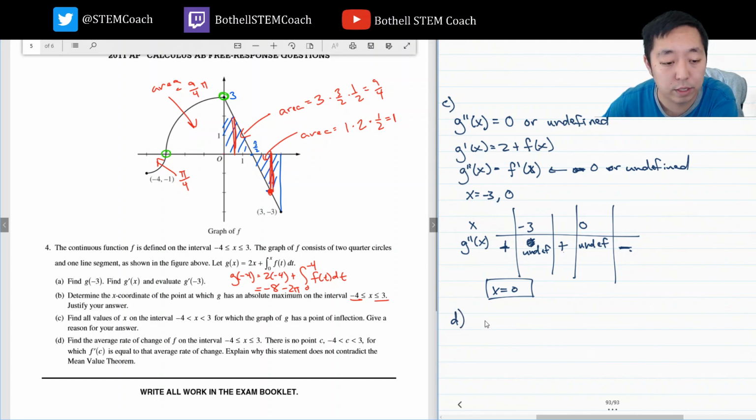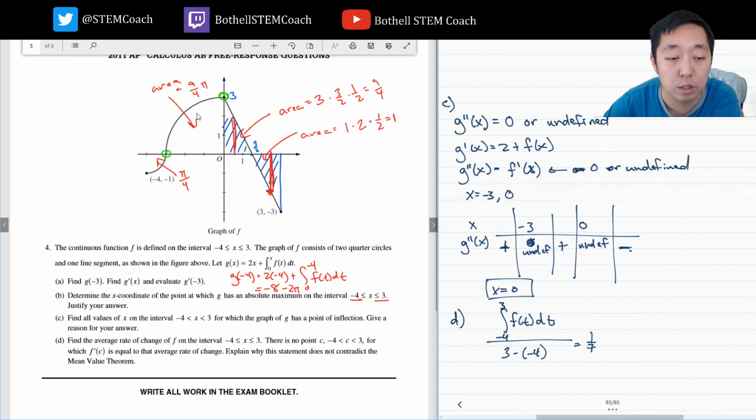So to do the average rate of change, I want to do the integral from -4 to 3 of f of t dt, and I want to divide by the width of that interval, which is 3 minus -4, which would be 7. So this is 1/7 times this cumulative area here, which I can now add up because I wrote them all out.